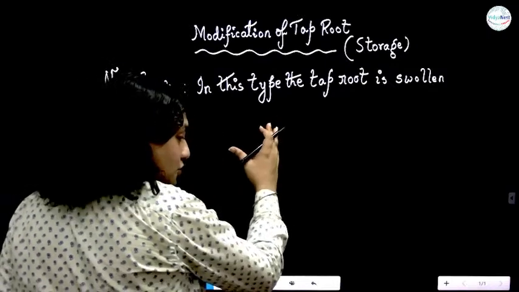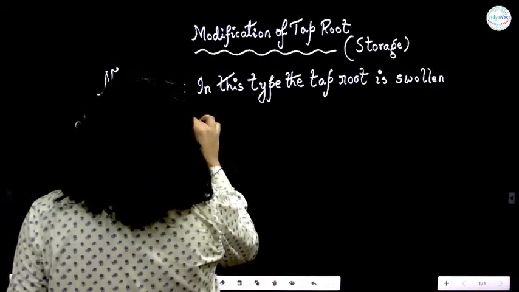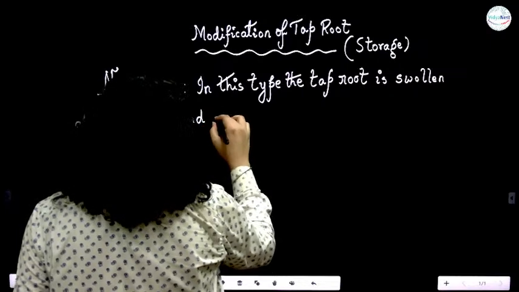They are highly swollen at the middle and appear spherical in outline.